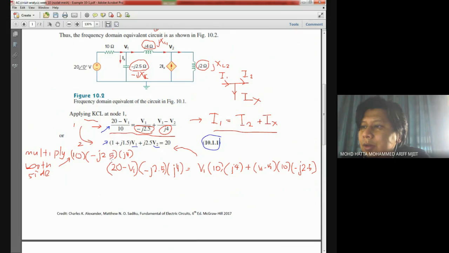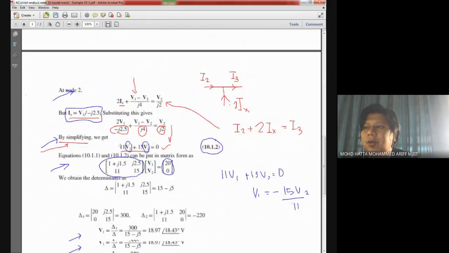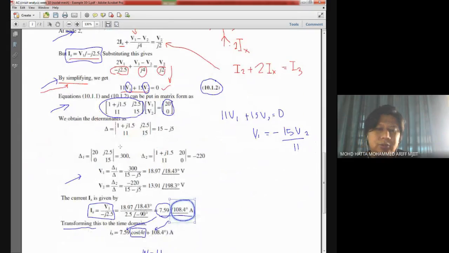If you are not careful with the complex number multiplication, division, addition or subtraction, you tend to make mistakes converting from this equation into this equation. If you get it right, I think the rest will be very simple. Okay, any questions so far?